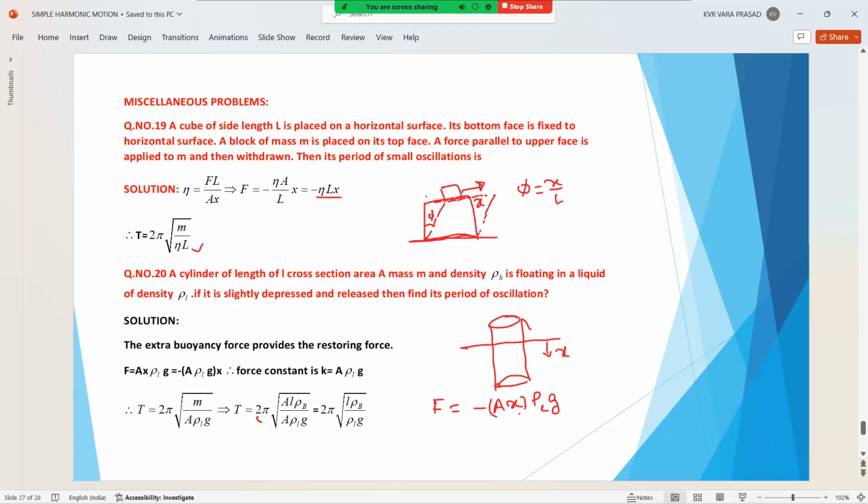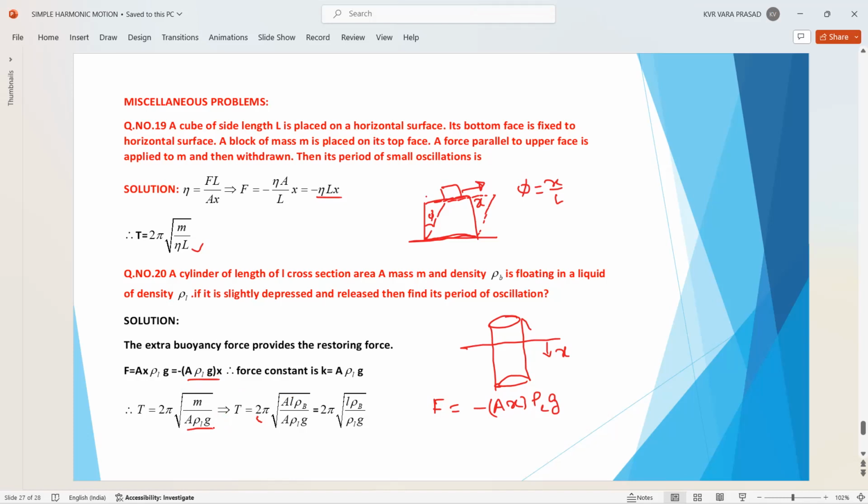So rearrange: F equals minus something into x. So in place of force constant, it is A into density of liquid into g. Now substitute here: T equals 2 pi root of m by k, with k as A rho L g. So this is the answer in terms of the mass of the cylinder and density of liquid.